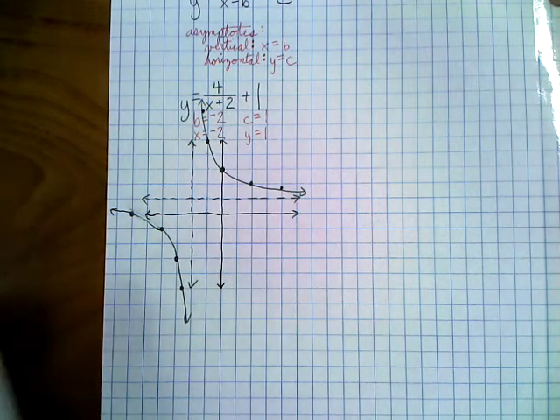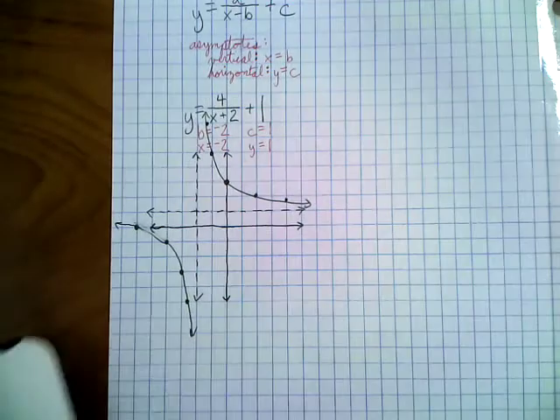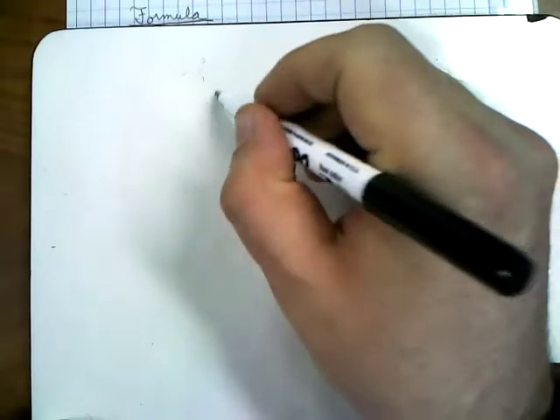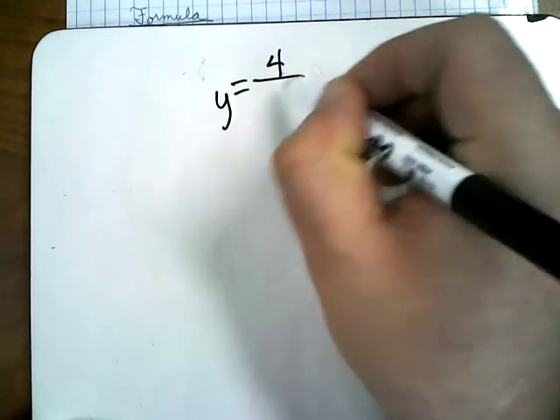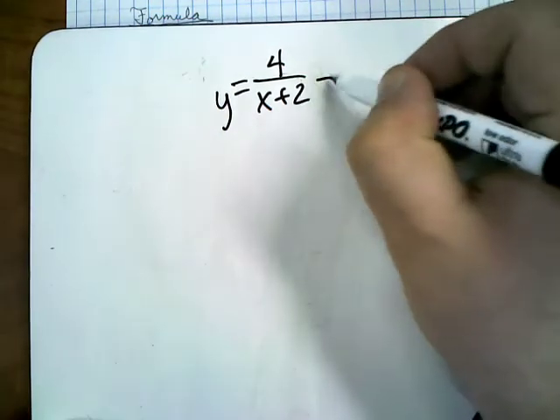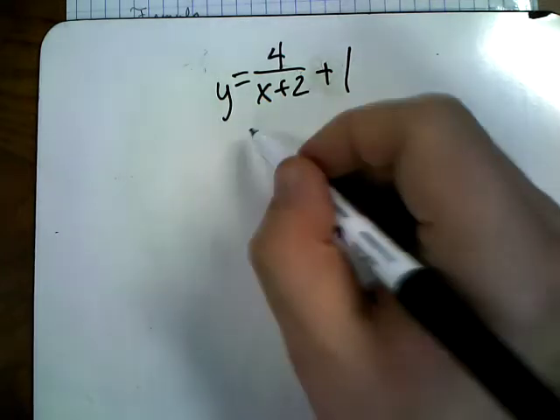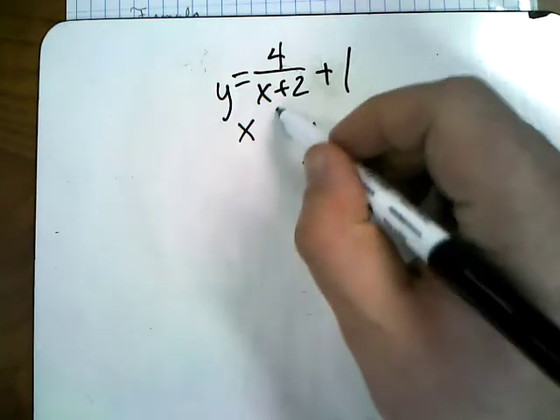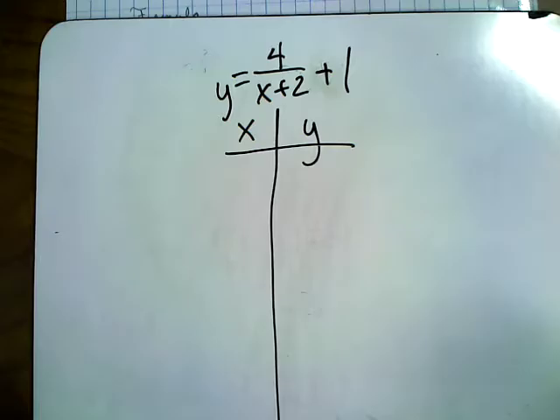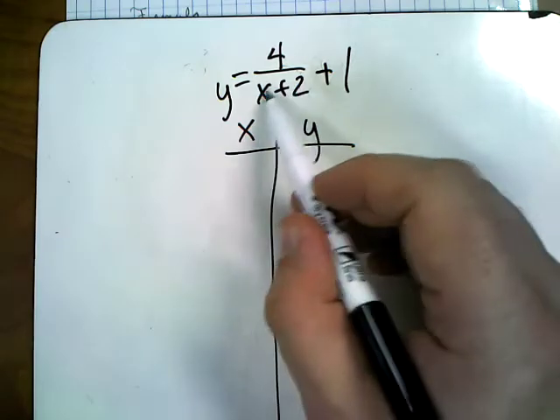Looking at a table of values, though, give me a second to erase my board. So if we look at this from the perspective of a table of values, I have to remember what I wrote there: y equals 4 over x plus 2, plus 1. If I make a table of values to find these points, I'm going to think, okay, I'm going to add 2.